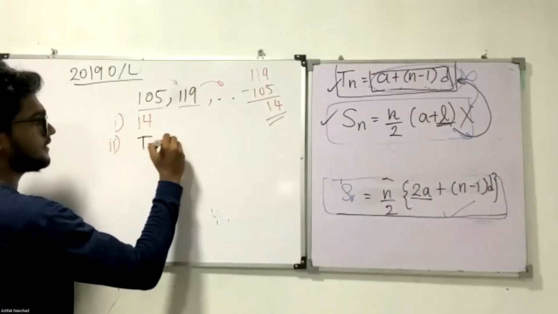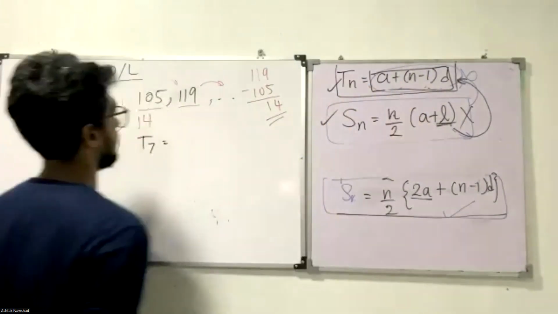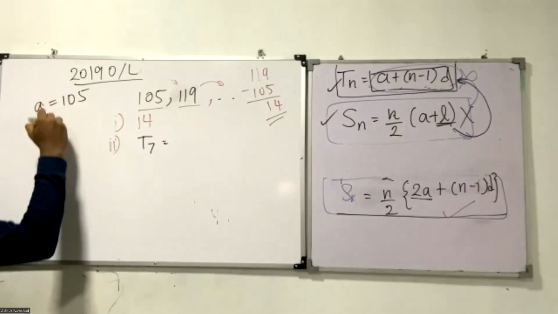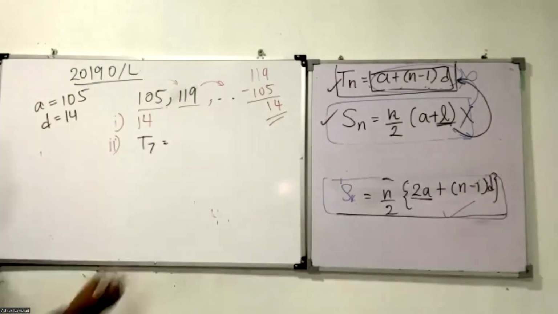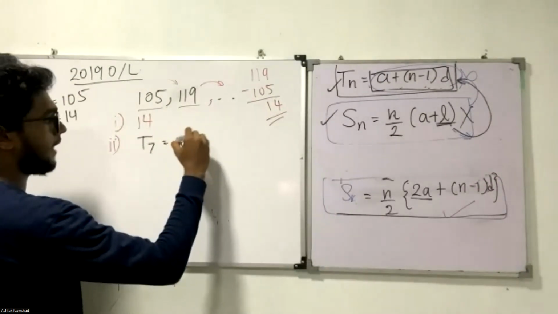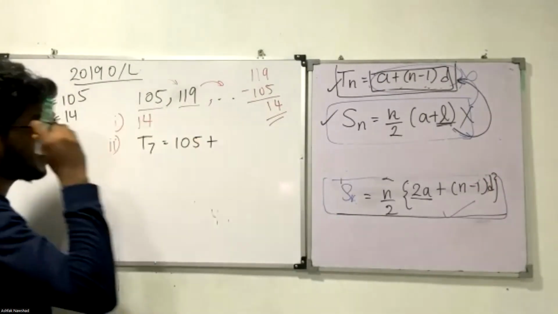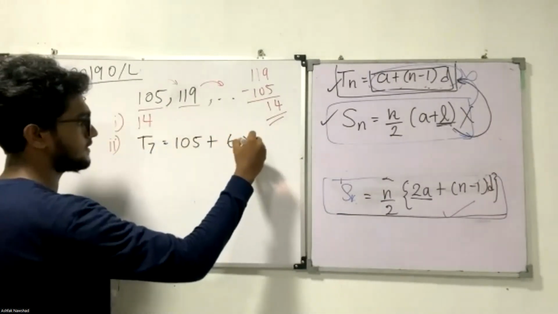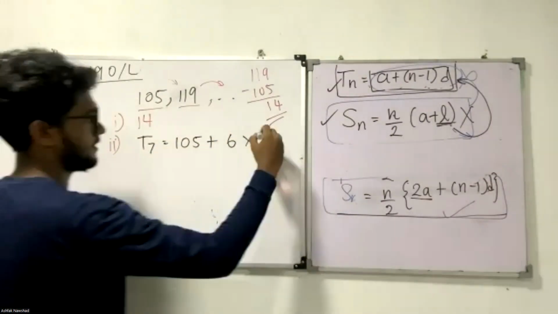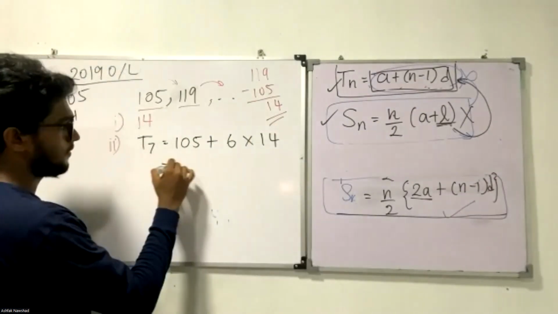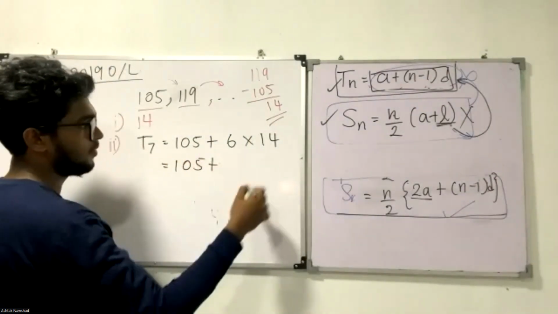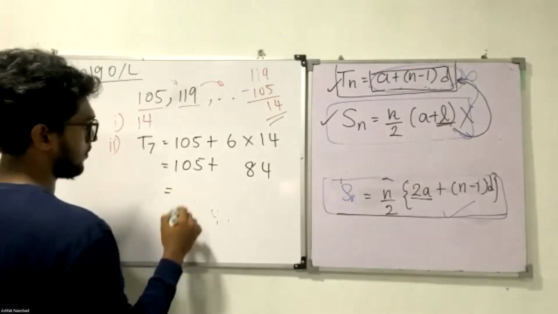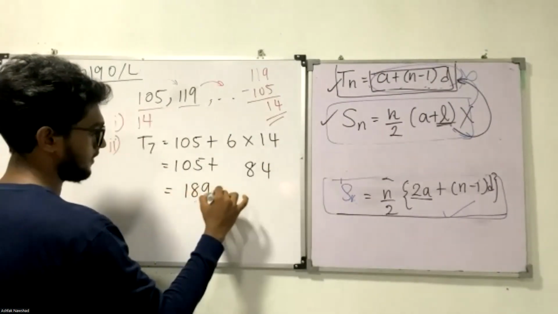T7 is a plus n minus 1 d. What is a here? A is 105 and d is 14. So T7 is a plus n minus 1 d. 7 minus 1 is 6, into d. 6 times 14 is 84, so 105 plus 84 is 189 minutes.